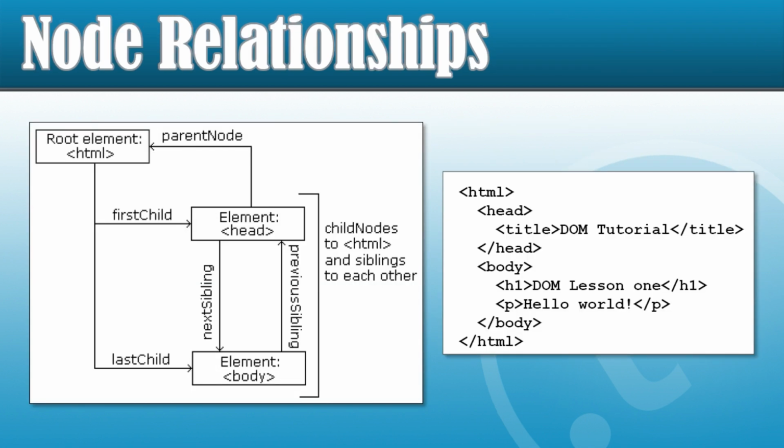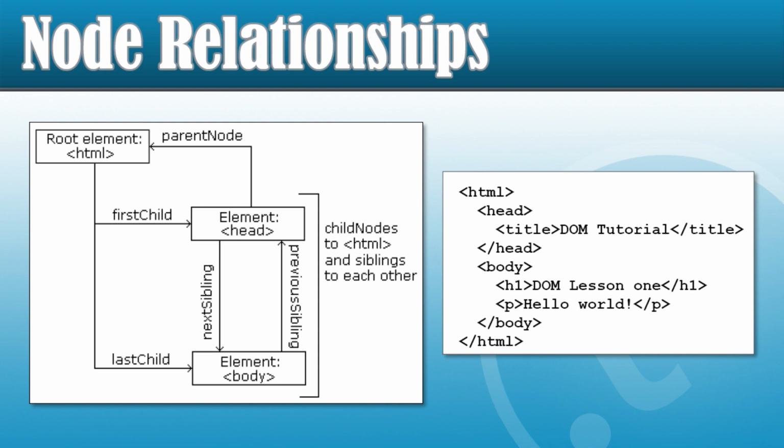So let's consider this HTML code on the right. On the left, we have the relationship between the elements. The root element is HTML, and it is the parent node of the elements head and body. Body is the next sibling to head.